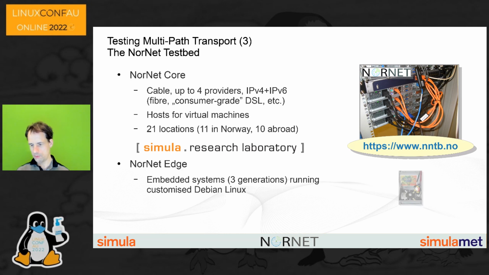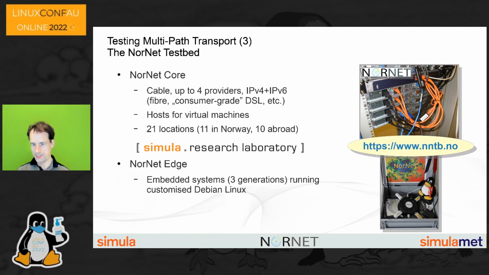Nowadays, we not only have landline connectivity, particularly we have mobile connectivity. So NorNet also consists of a large part called NorNet Edge, which distributes embedded systems all over Norway, around 200 locations, to do measurements of the performance of the Norwegian mobile networks. We'll not go into too much detail about NorNet Edge here because of time constraints.